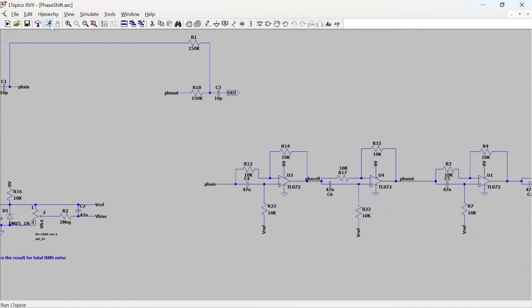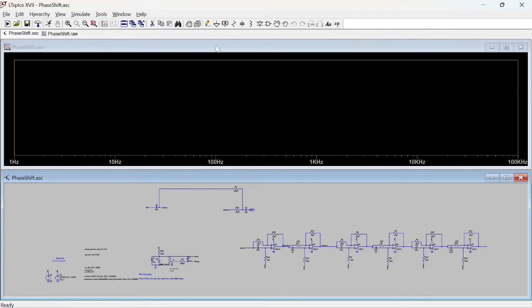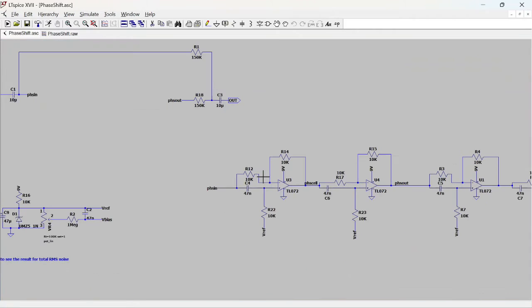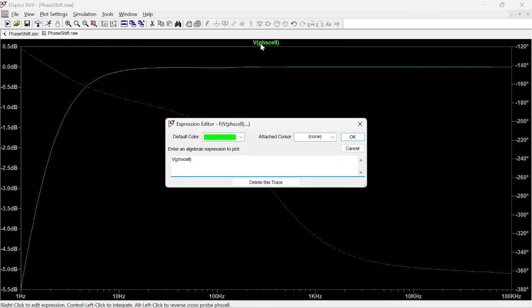So if I run it, what I'm first going to look at is one stage here, right? So this is how to plot it.